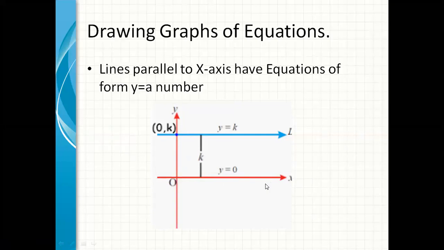Not x equals, since it's parallel to x. Since the line is parallel to x, that means the values of x are changing: 1, 2, 3, 4, 5, whatever.